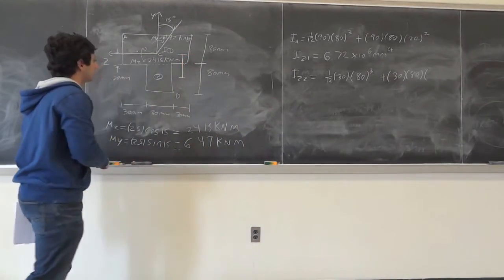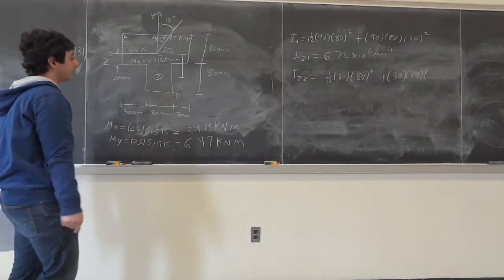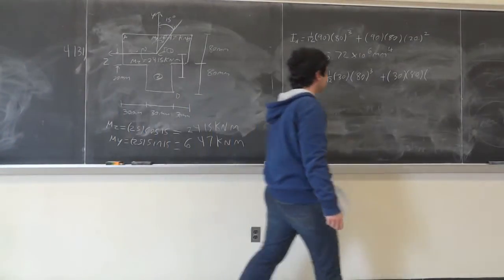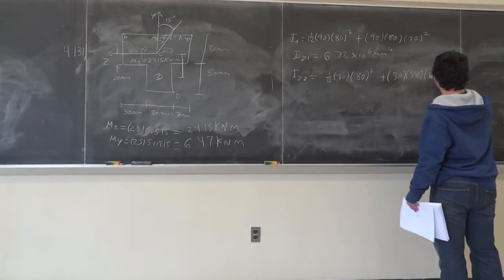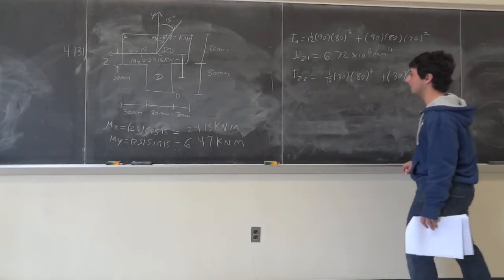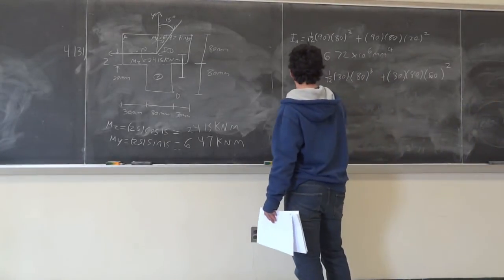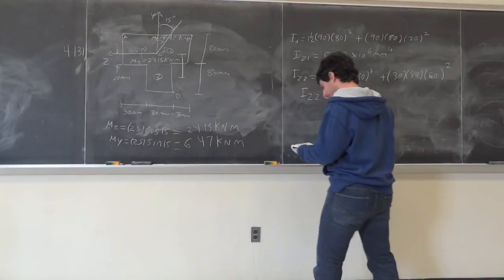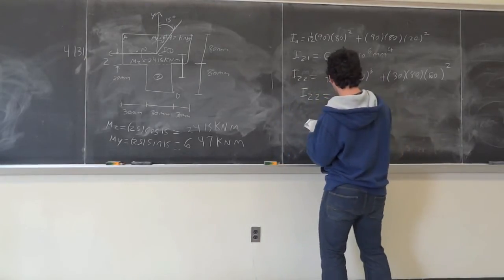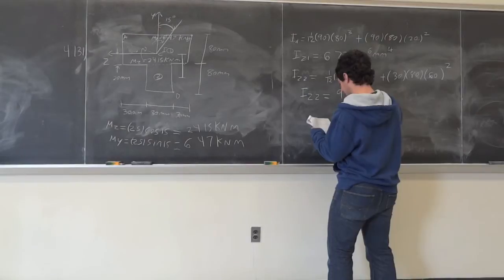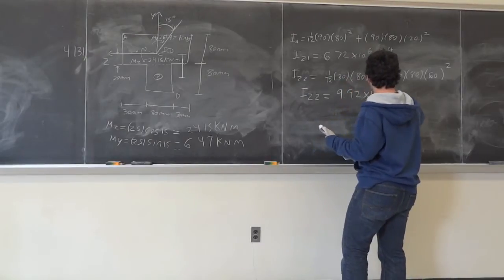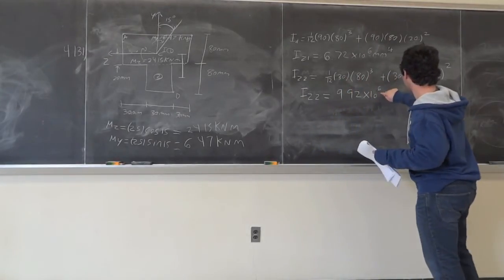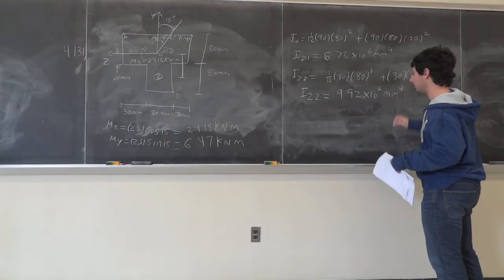So what is that? It's 20 plus half of 80, which is 60, yes. 60 squared. Okay. So Iz2 is equal to 9.92 times 10 to the 6 millimeters to the 4th, right?